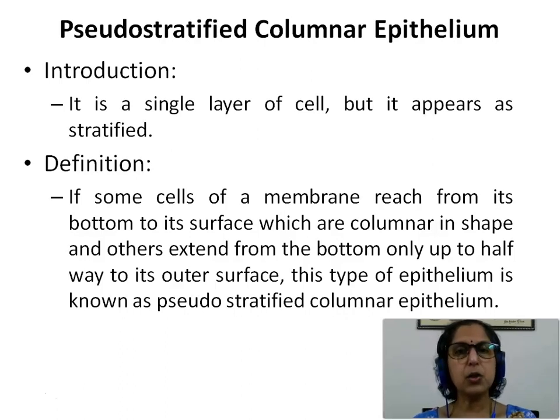Some are tall columnar cells which reach the outer surface, and some do not reach the outer surface. So cells are of different heights, so their nuclei will be at different levels, and that is what gives rise to the false appearance of nuclei being in two rows, and that is what makes us feel that it is a stratified epithelium. So that is pseudostratified columnar epithelium.